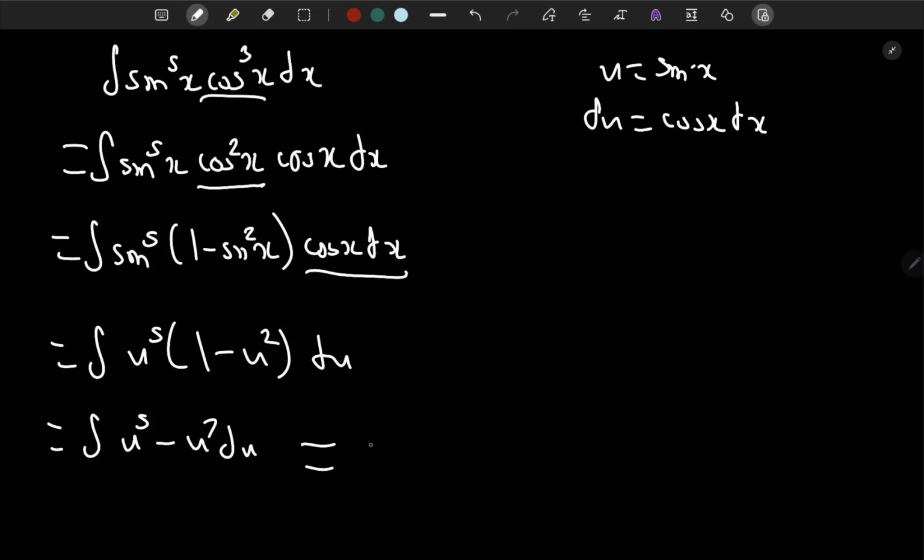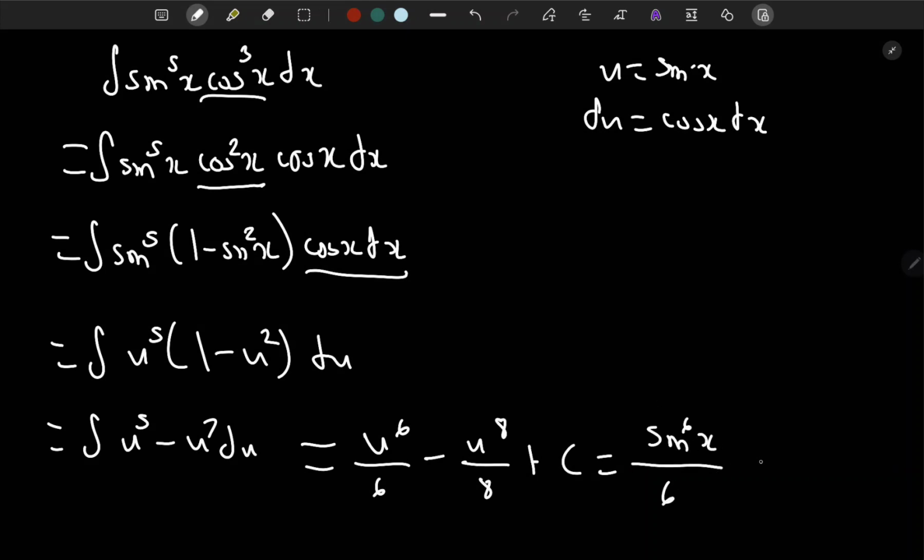Integrate this now, so it's going to be u to the power of 6 over 6 minus u to the power of 8 over 8 plus c, and now replace u with sine x: sine to the power of 6 x over 6 minus sine to the power of 8 x over 8 plus c.